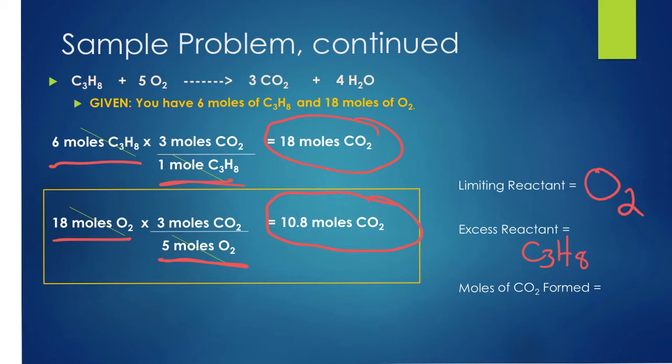And so how many moles of CO2 were actually formed? Well, 10.8 moles, because that came from the limiting reactant. Now you could go one step further and turn those moles into grams or liters, but for now that's all we're looking at.